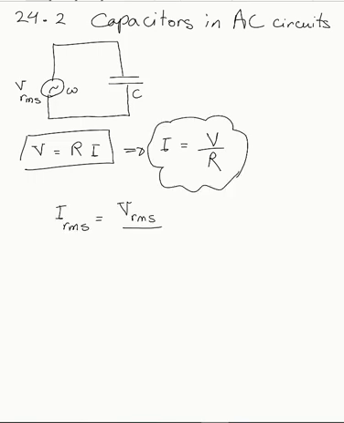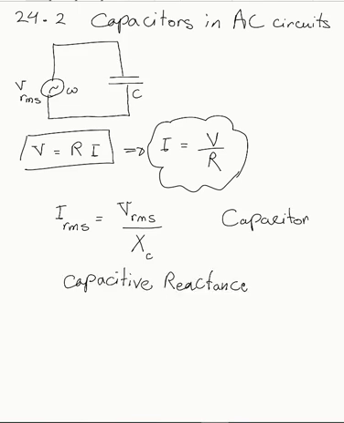Now, if I want to define the RMS current for the circuit that only has a capacitor in it, then I_RMS equals V_RMS divided by X_C. In this expression, X_C is the capacitive reactance.